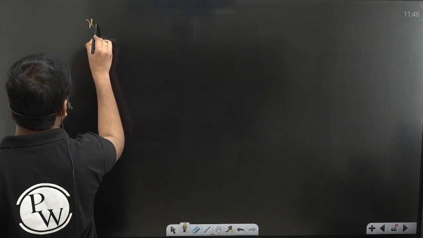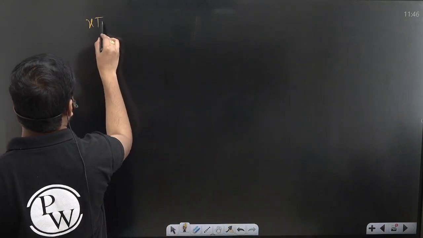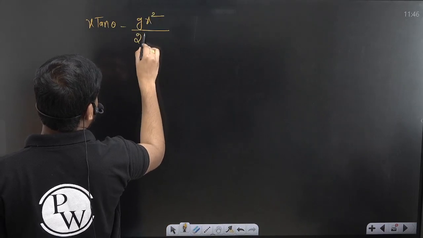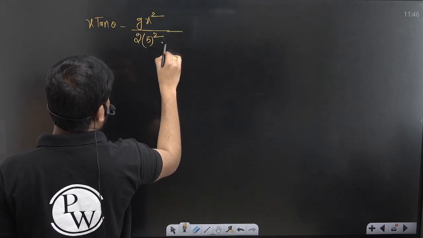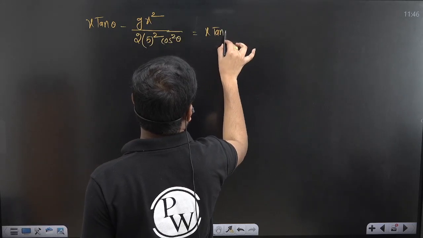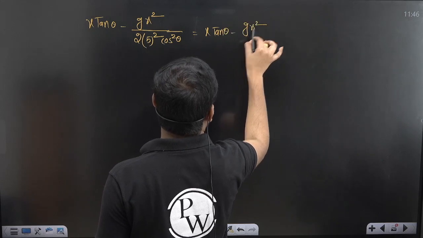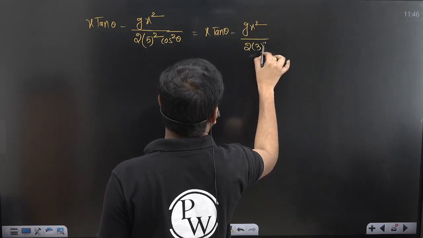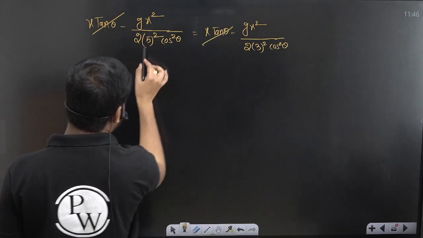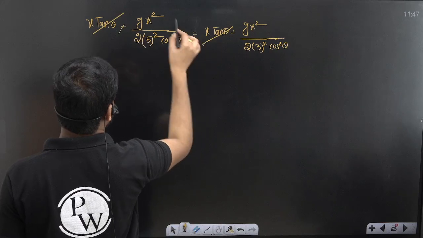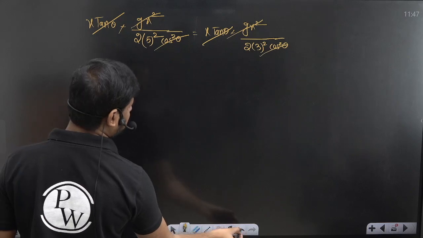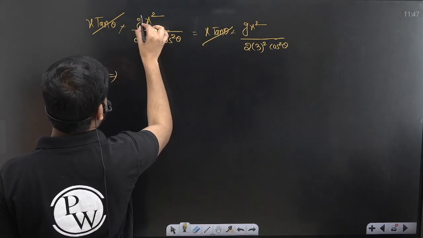So x tan theta minus g x square by 2 into 5 square cos square theta, which is equal to x tan theta minus g dash x square by 2 into 3 square cos square theta. So the x tan theta cancels, the minus also cancels, x square cancels, 2 cancels, cos square theta cancels. Here it is g, here it is g dash.